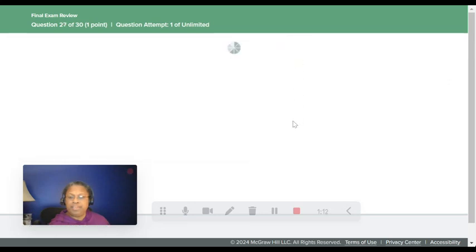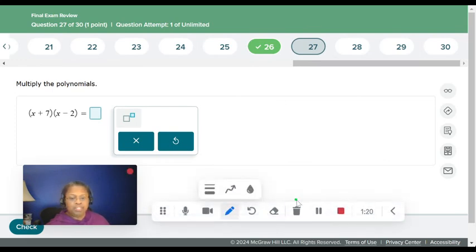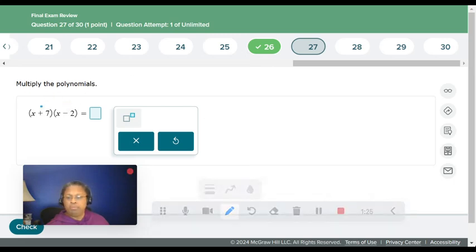Problem number 27, multiply the polynomials. Remember, you can use the FOIL method. It's just another form of distributing. So we would have x times x, because that's our first terms.